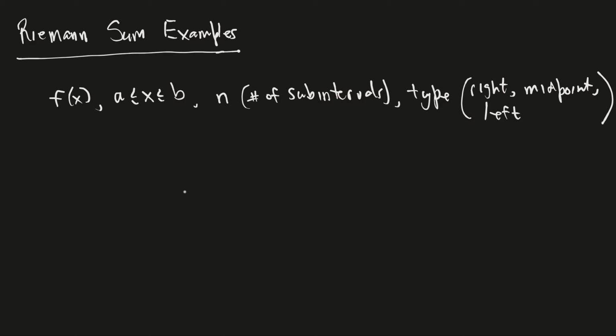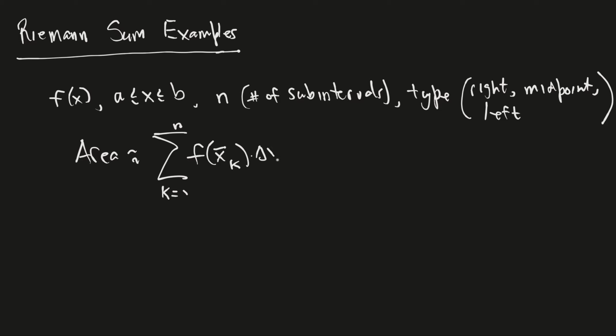And then the idea is that the area is approximately equal to this sum. I'm not going to go back through deriving this, but you can watch the previous video and see how this formula comes about and what everything means.